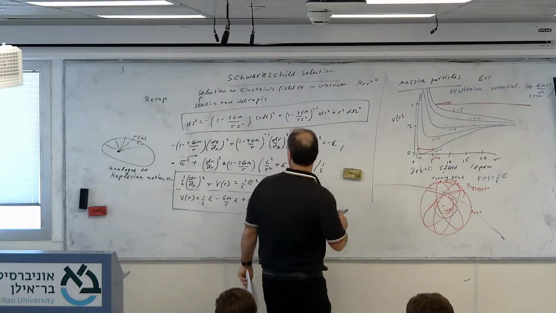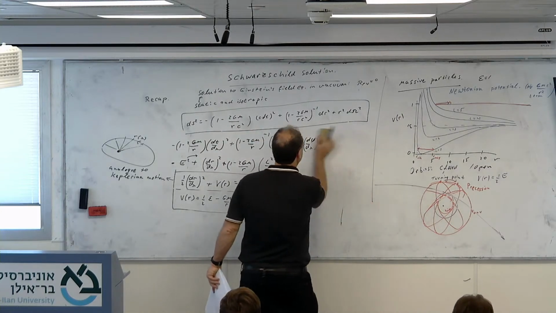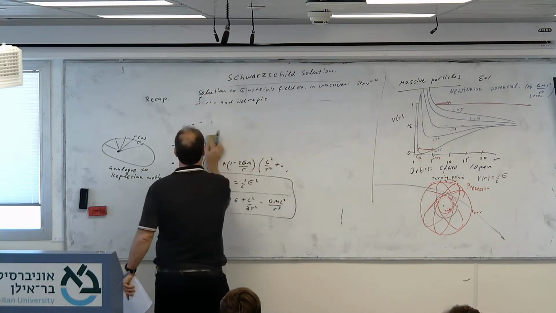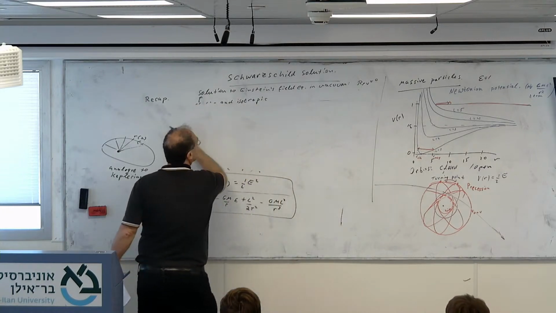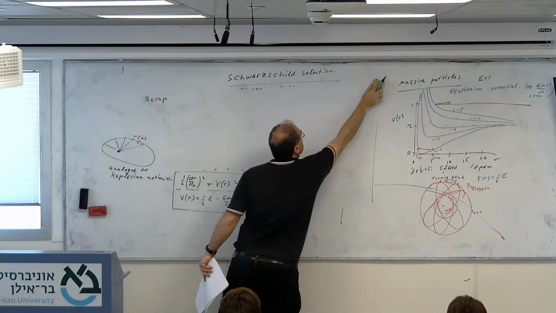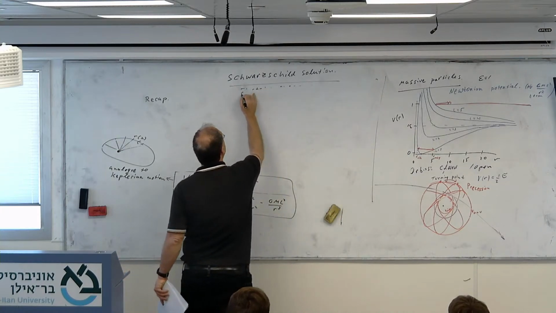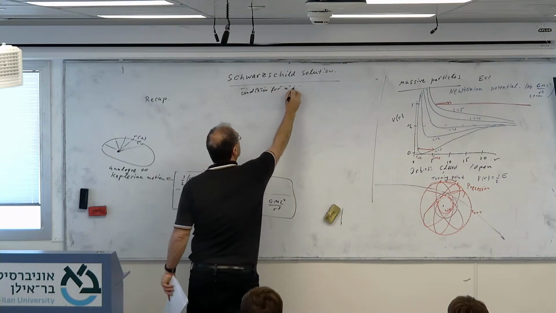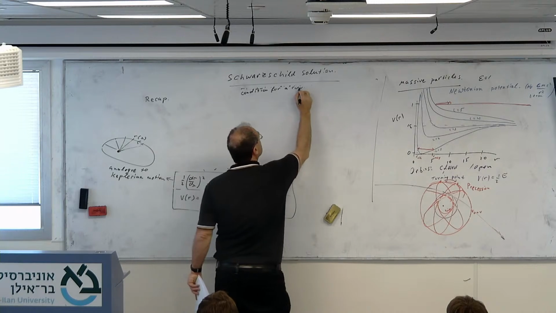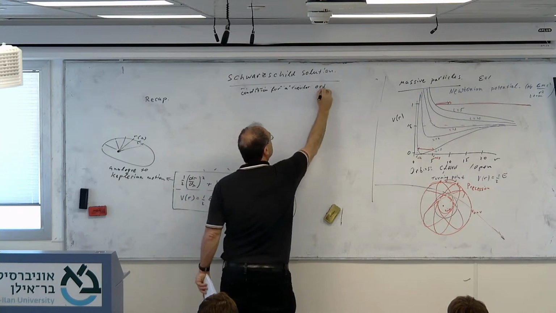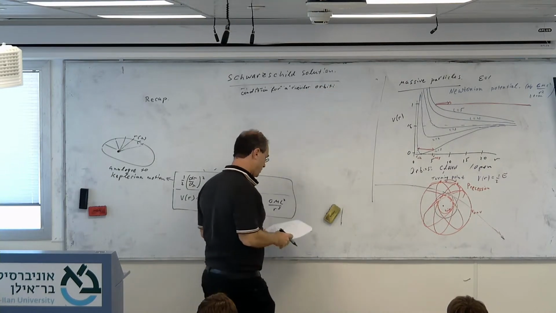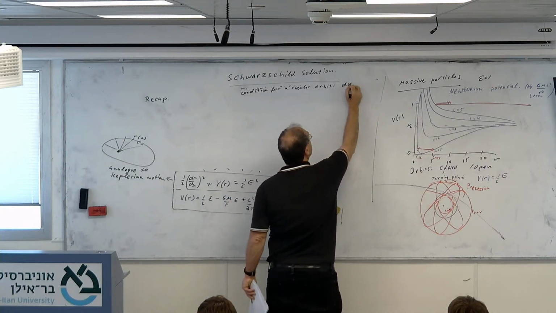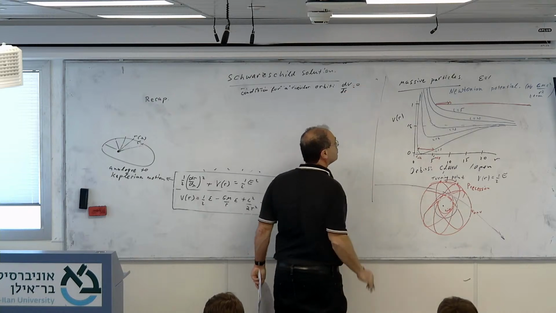So the condition for a stable circular orbit is that the potential is flat, so dV over dR is equal to 0.